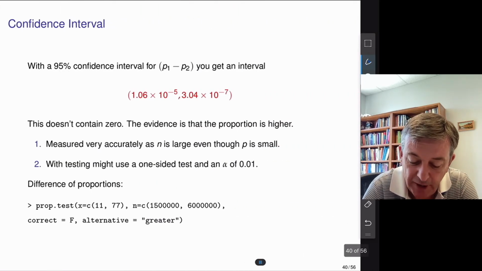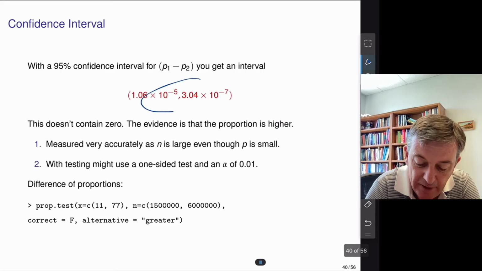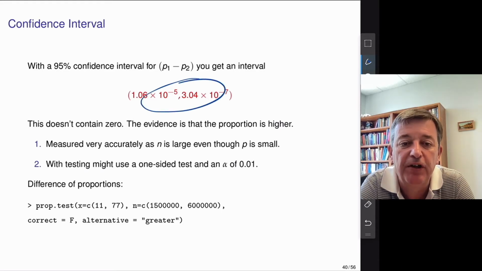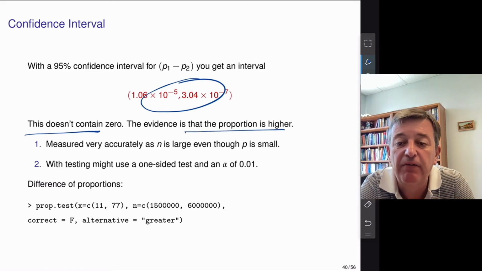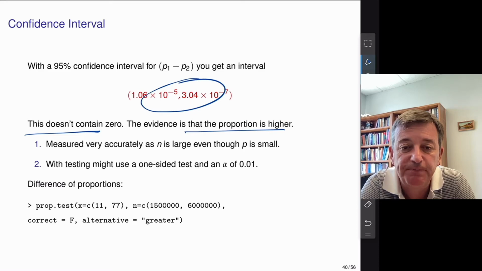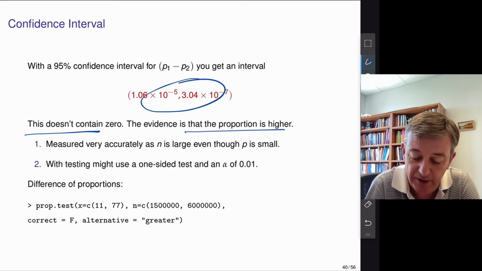When I put it all together, the interval does not contain 0. So there is statistical evidence, even at a very low level of alpha, that there's a difference. But of course, the overall level is small. So Pfizer has to provide warnings on the labeling.